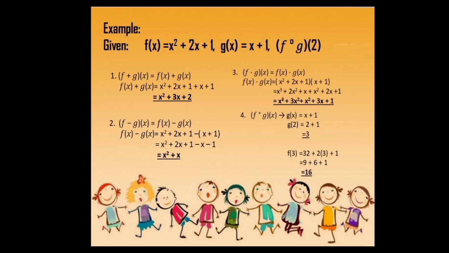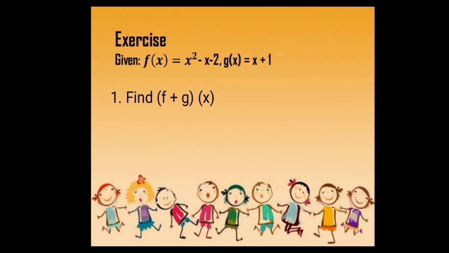We have the answer of 3. And our x is 3. We have f(3) equals 3 squared plus 2 times 3 plus 1, equals 9 plus 6 plus 1. The answer is 16. So that's it, our example.